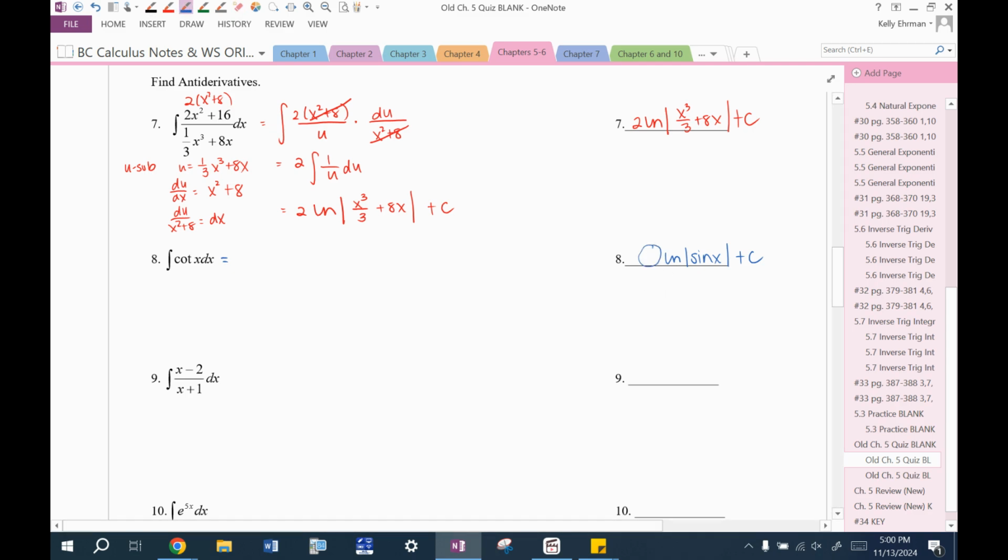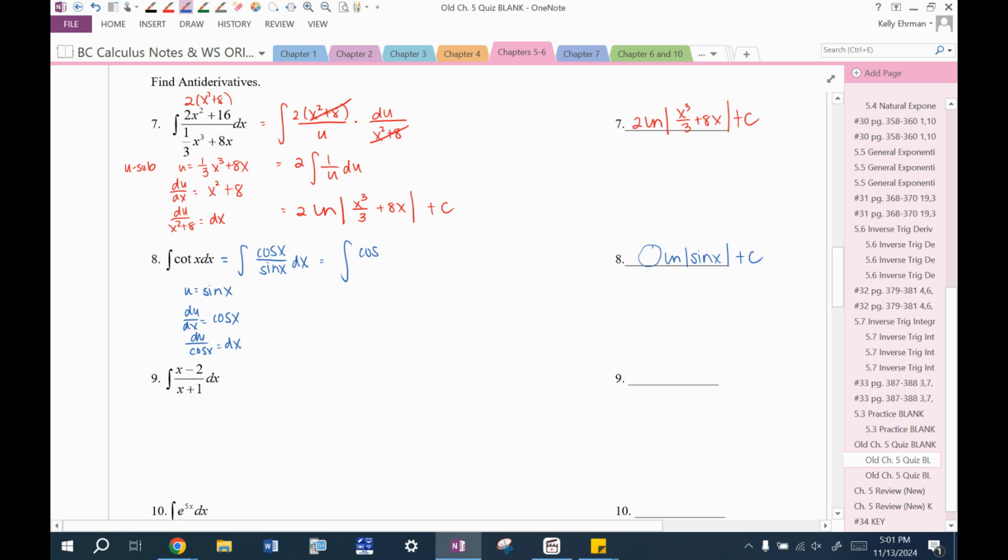What if I don't have it memorized? I change this to the integral of cosine x over sine x dx. And then I'm going to do u sub. u is the denominator. du/dx is cosine x, so it's positive. du over cosine x is dx.